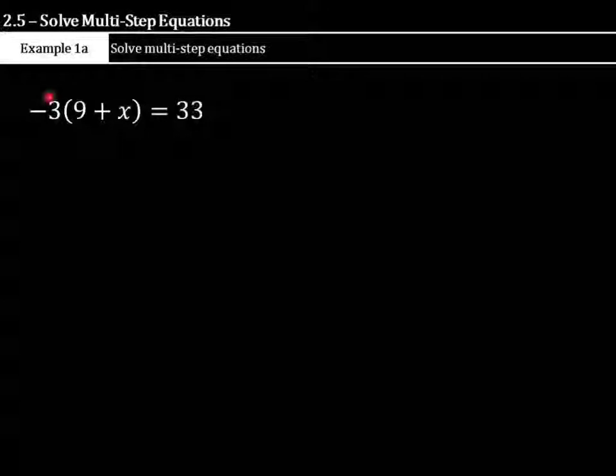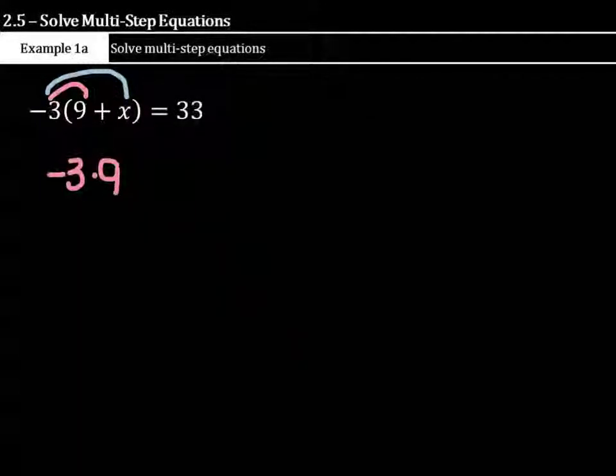What we're going to need to do is to distribute the negative 3 to the 9 and the x. And how we can show this, we have our negative 3 times the 9, and we'll have the negative 3 times the x. And I'll write the first one out to make sure we see what's going on, but you're not going to have to do this all the time.